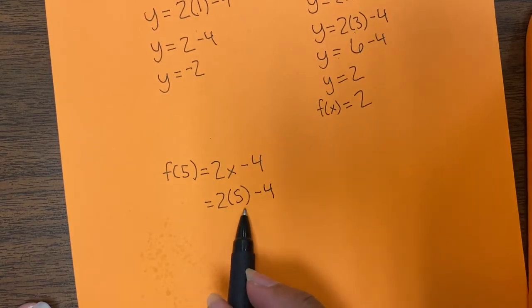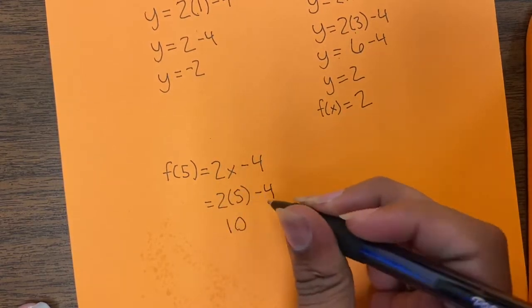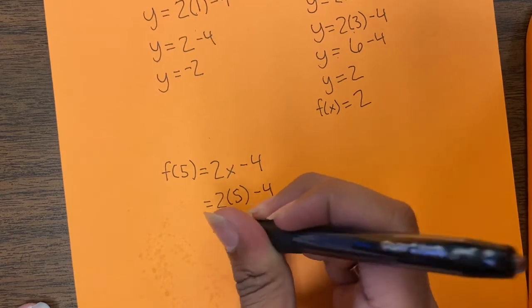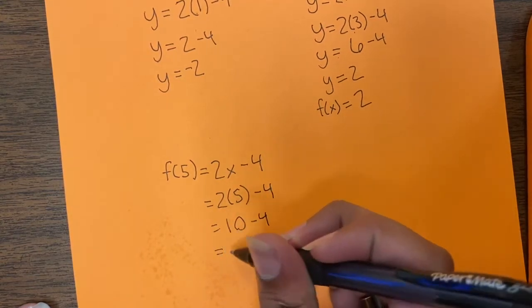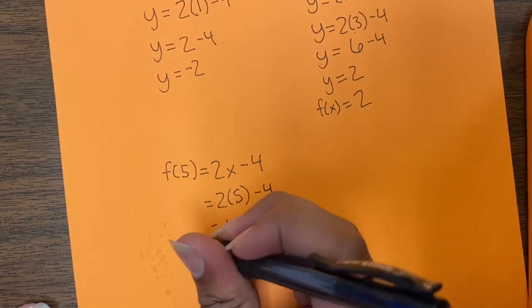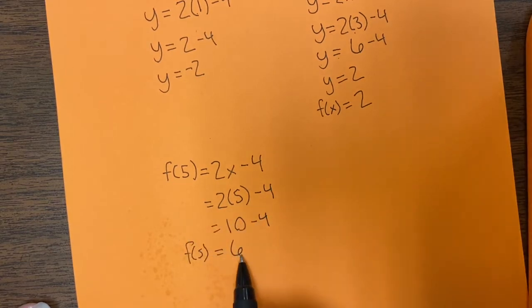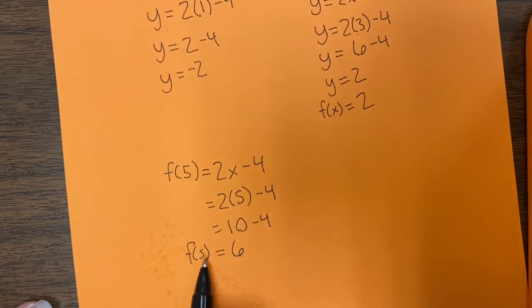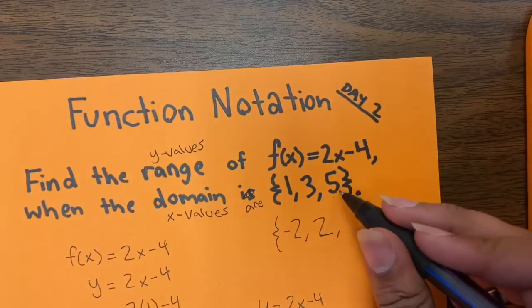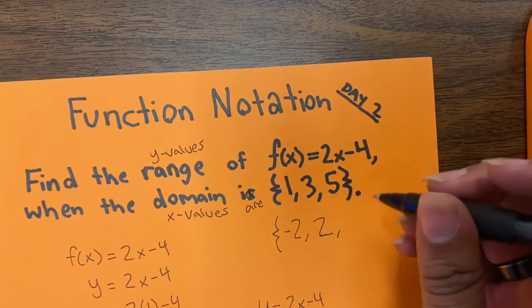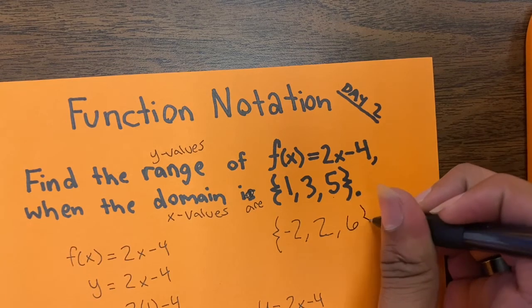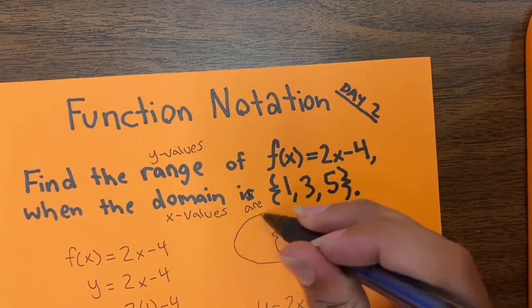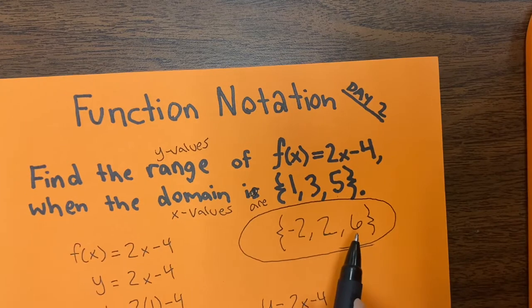So 2 times 5 gives me 10 minus 4. 10 minus 4 is 6. So f of 5 equals 6. So this is saying when x is 5, the output is 6. So y is 6. So when x is 5, y is 6. So my range is negative 2 to 6.